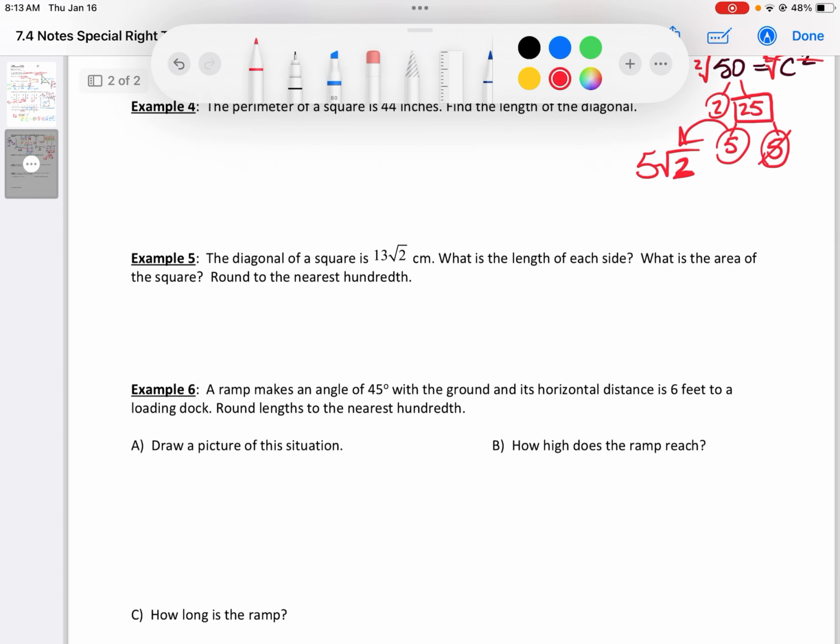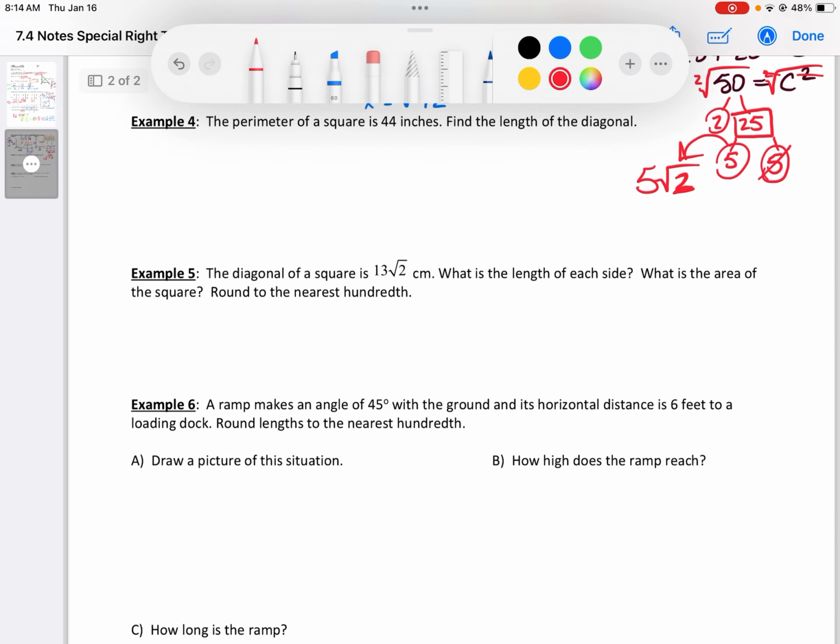All right, a couple more examples left. Example number 4. The perimeter of a square is 44 inches. Find the length of the diagonal. A square has 4 congruent sides, so they would all have a mark on them that shows that they're congruent.